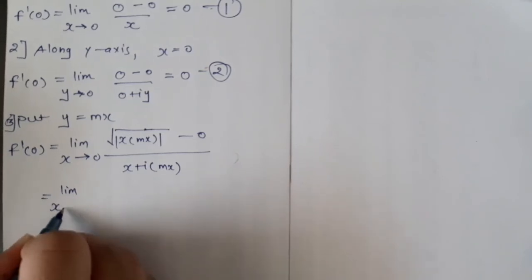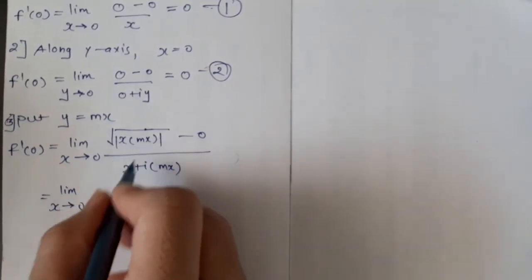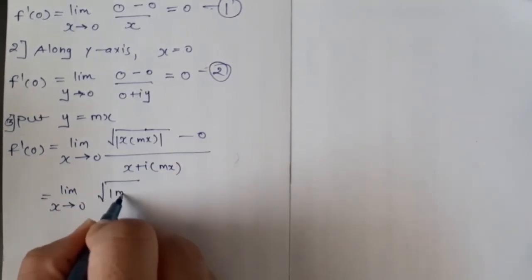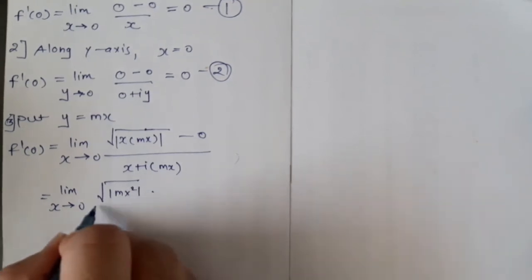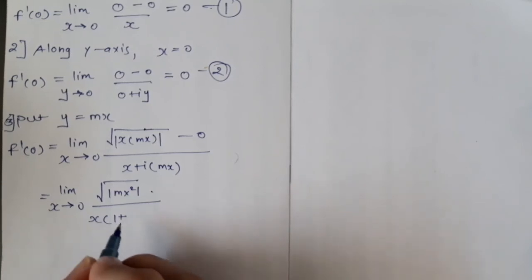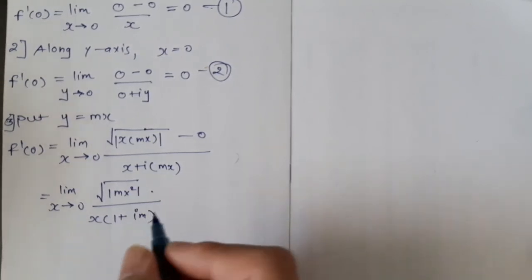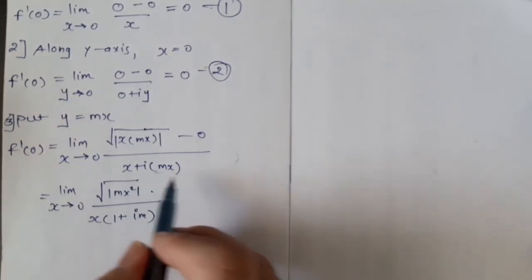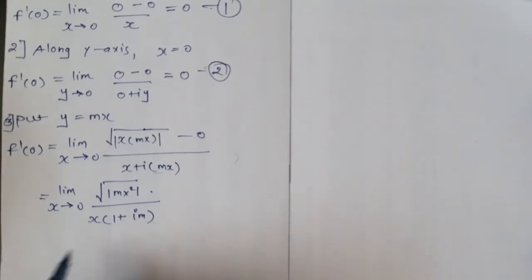So limit x tends to 0 under root of mod of m into x square upon x into 1 plus i into m. We had taken the x common from the denominator.